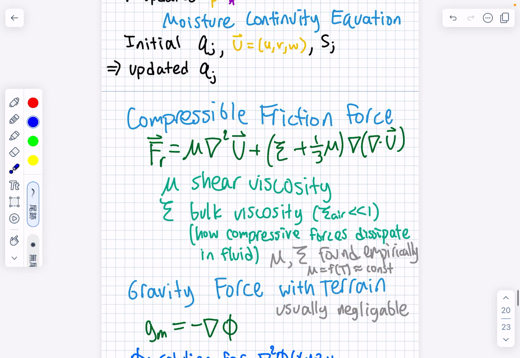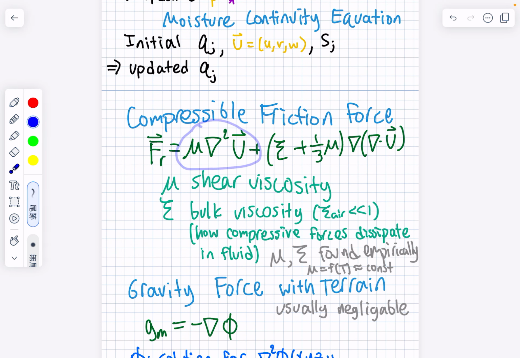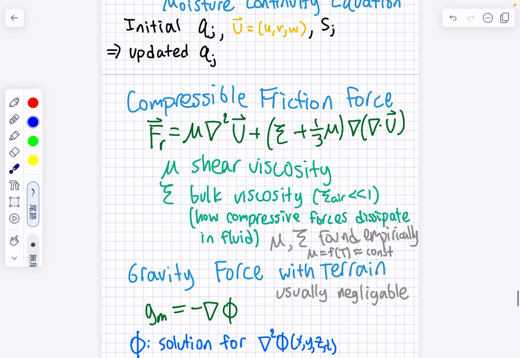We'll have the original friction term plus another term, with this weird gradient of divergence term, where mu is the viscosity, which we call shear viscosity, but then we also need to know bulk viscosity. However, this term is very, very small, so usually we just completely ignore it, and the air will still be compressible.